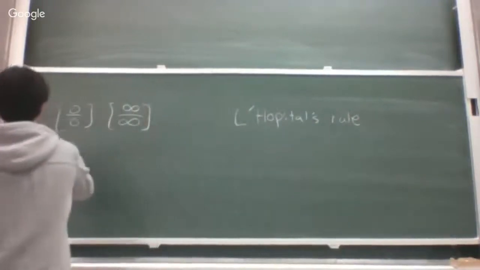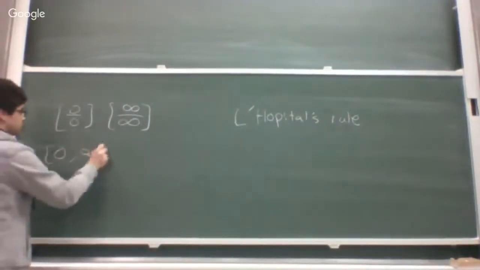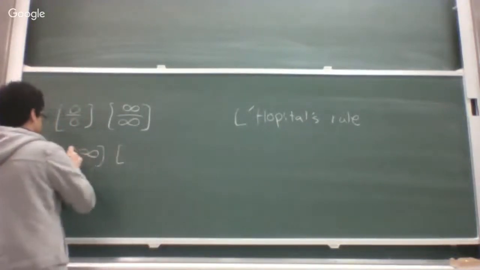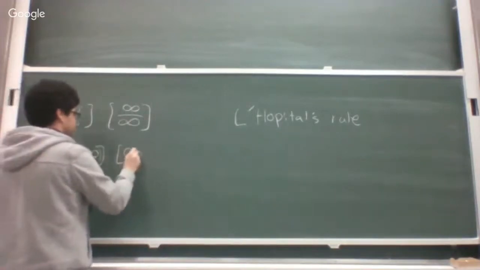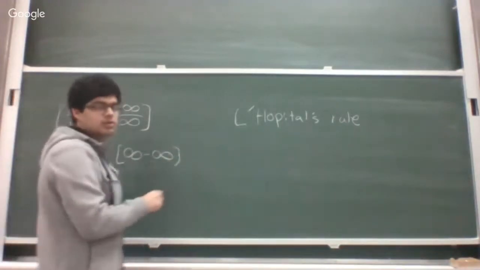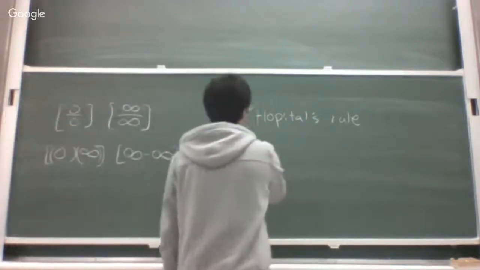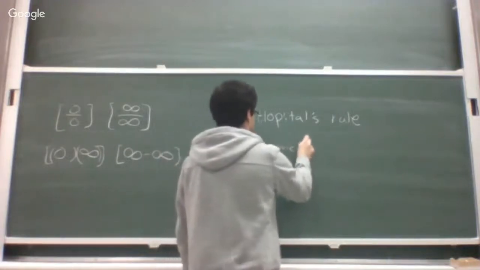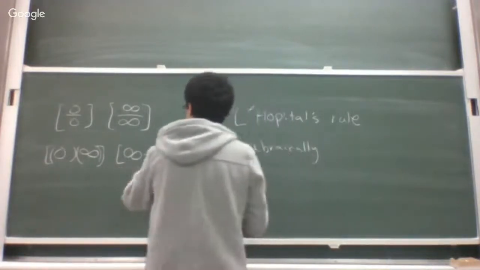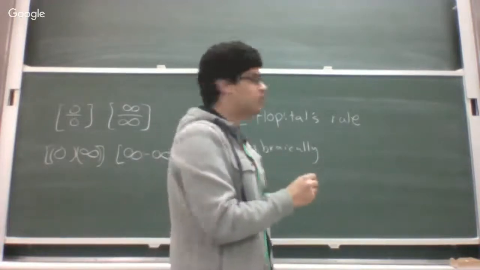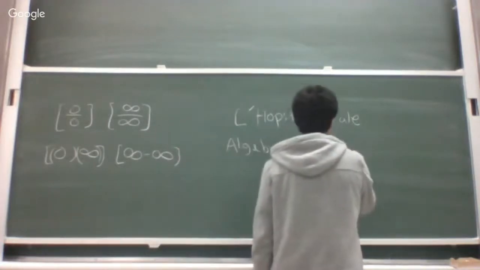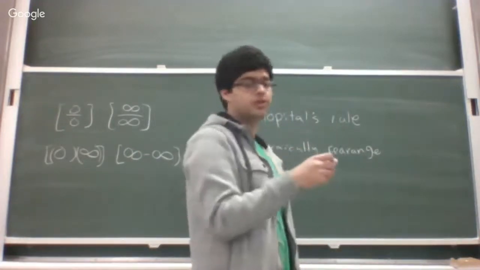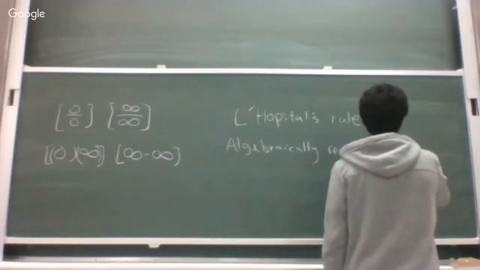If you have 0 times infinity or infinity minus infinity, you should try to algebraically rearrange into the two forms that you can use L'Hopital's to solve the problem.